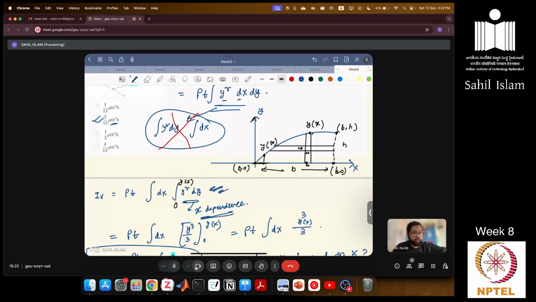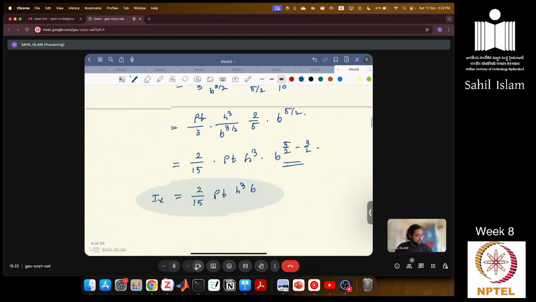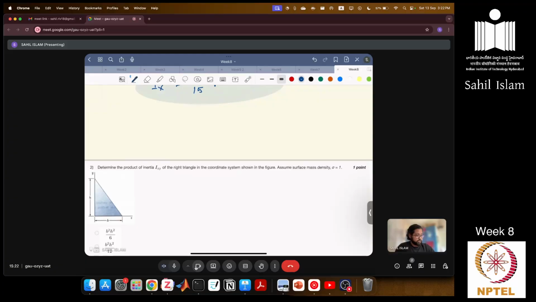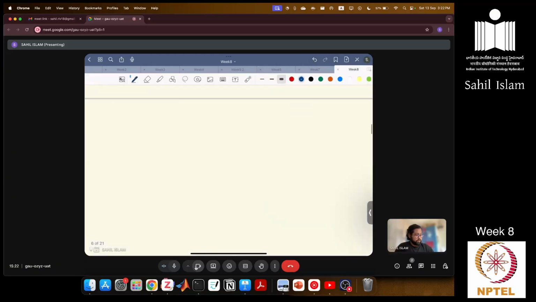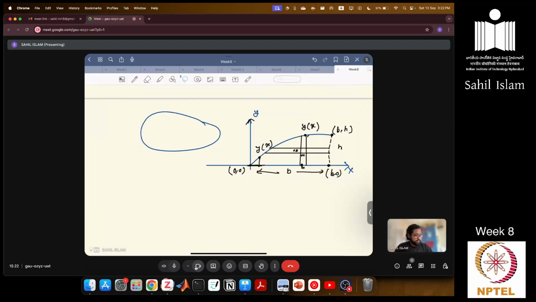Now one thing I would like to mention is that you could have done the x integral first also, but you have to keep in mind one very important thing. I'll just point it out and you try it yourself. What was the integral we had in our hand?